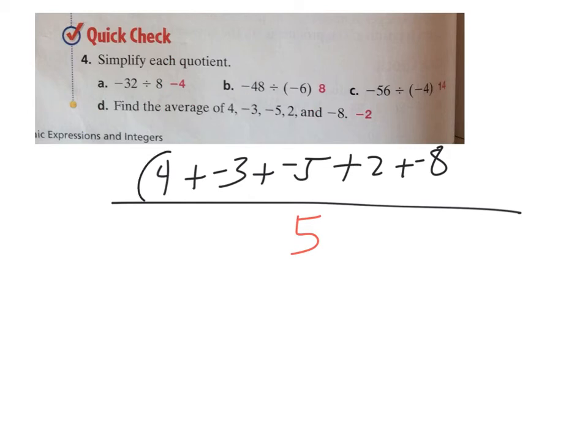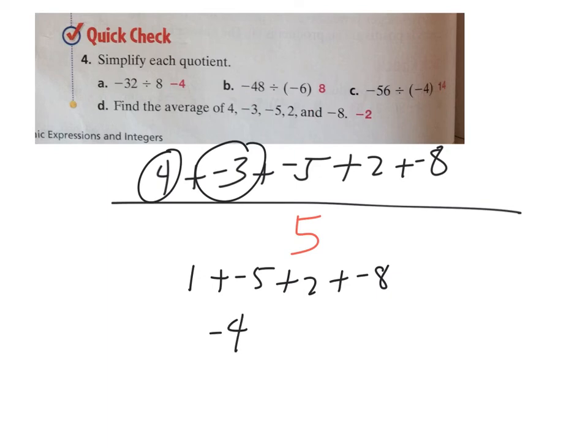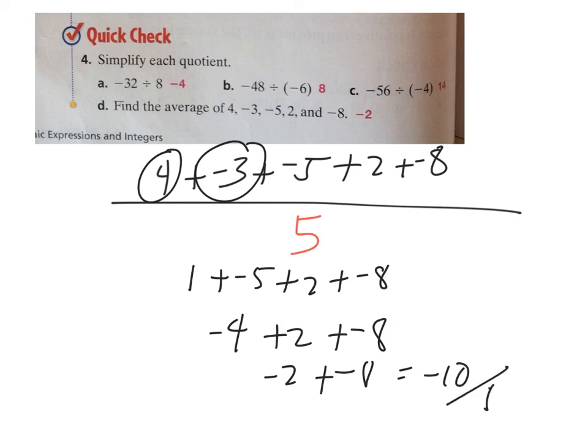So positive 4, negative 3 becomes 1, bring down everything else, plus negative 5, plus 2, plus negative 8. Negative 1 plus negative 5 is a negative 4. Again, there's more negatives, right? Plus 2 plus negative 8. Negative 4 plus 2 is a negative 2 plus negative 8. Those are same sign, so I'm just going to add them together. So negative 10. Still all that divided by 5.